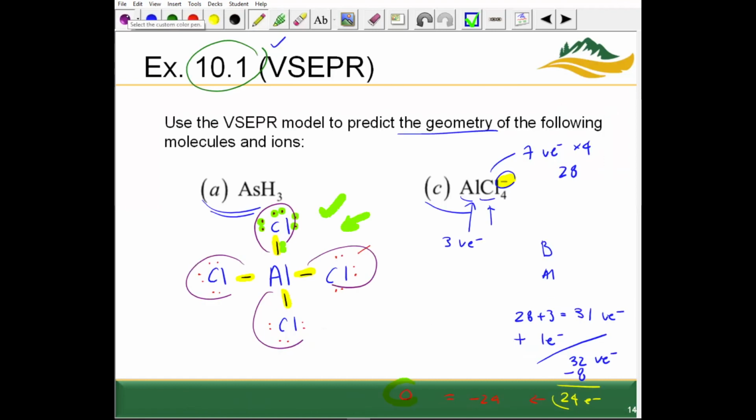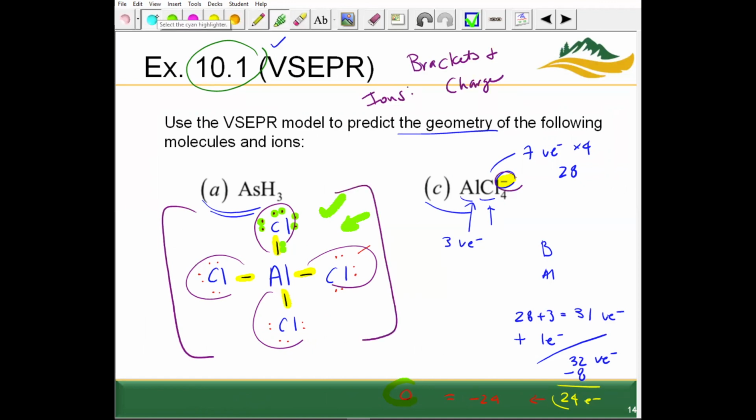And I forgot something very important here, that I need to put brackets around this anion. So for all ions, cations, and anions, I can't forget the brackets and then that charge on the outside. So these brackets around, then that charge, this is a -1 charged compound.